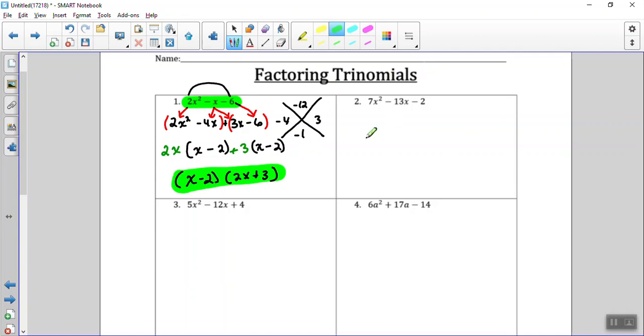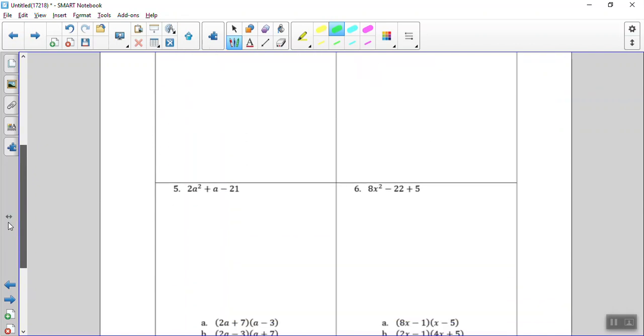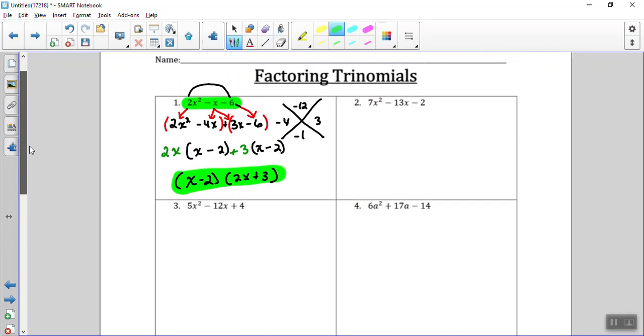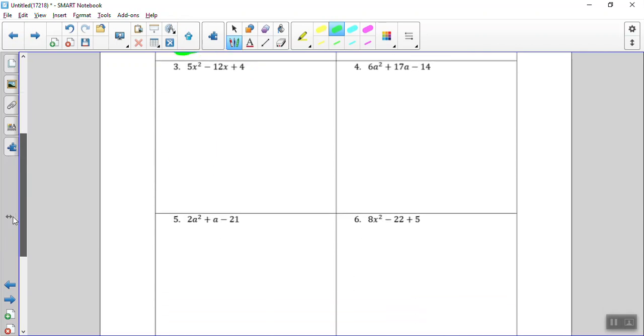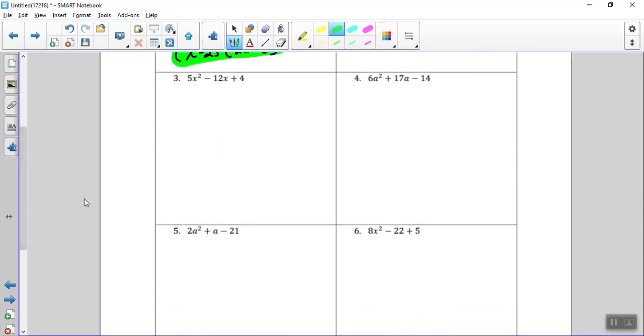Okay. It takes a bit of time to get used to factoring by grouping, but you can do it. I'm going to walk you through the odd examples here. Okay. So I still have to try to find the two numbers. So I'm going to write here the number that I'm trying to get here is A times C, 5 times 4, which is 20.